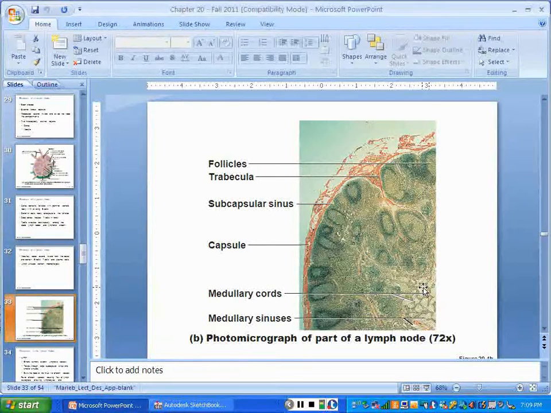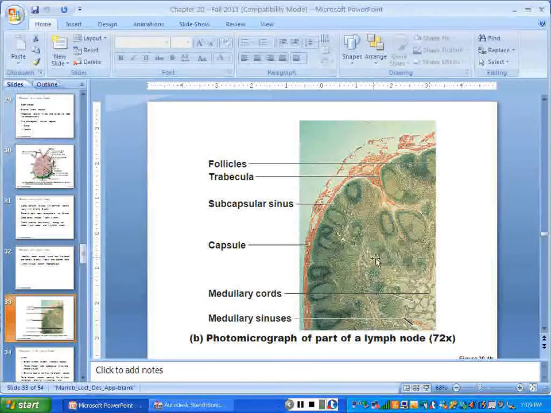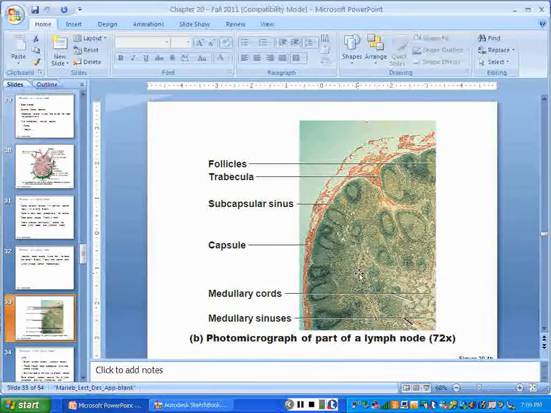That's where the macrophages hang out. They hang out in the open spaces and they phagocytize material. The T cells love to hang out in these deeper areas of the cortex down here. So we kind of have B cells in their germinal centers, T cells through the deep part of the cortex, and macrophages in the sinuses.